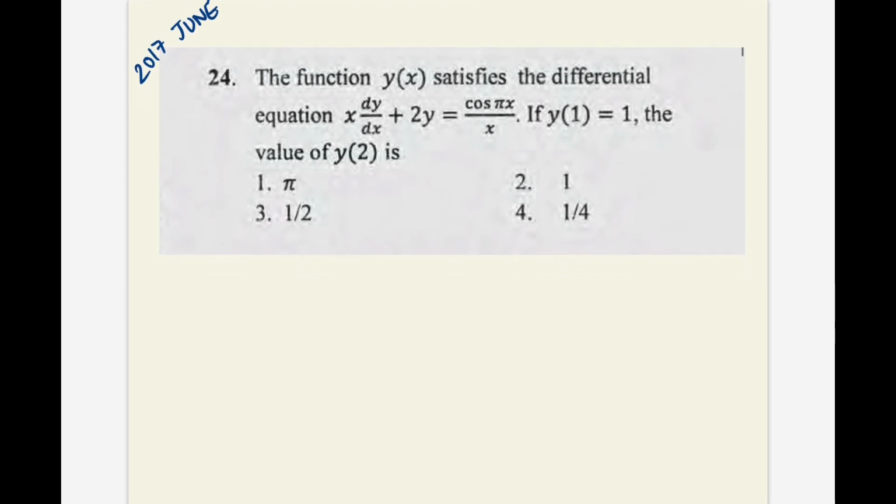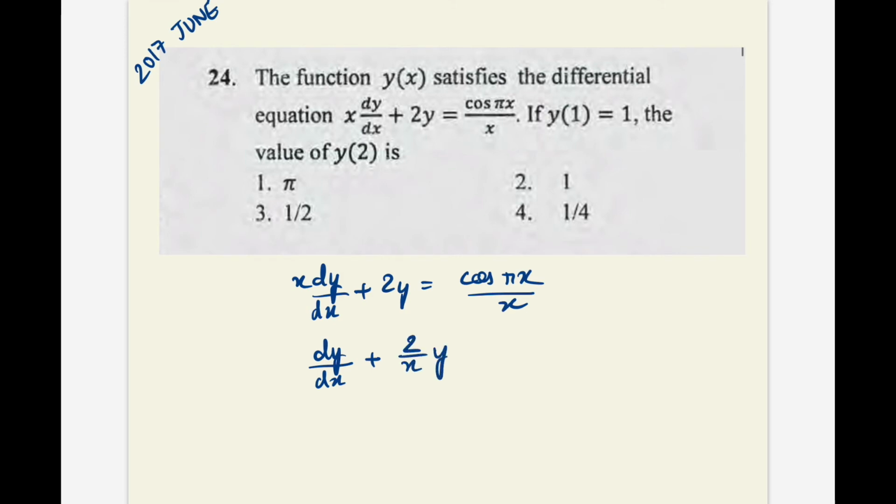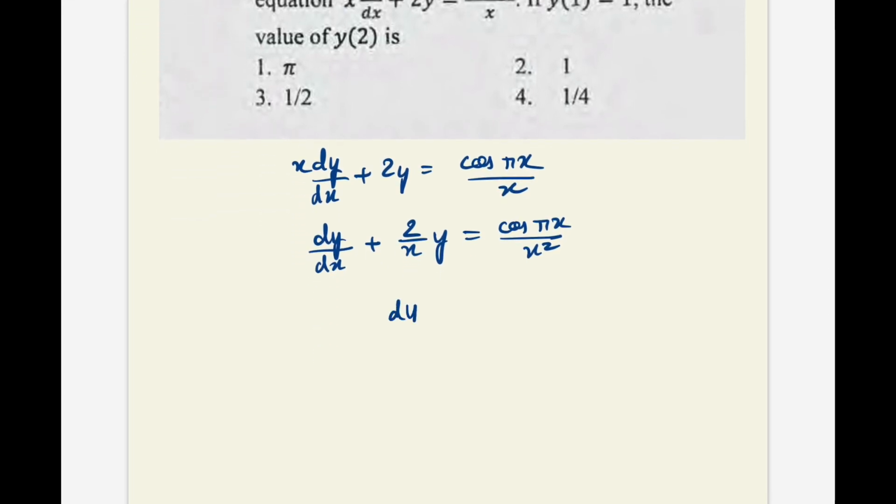Now this equation is again of a similar pattern to the first question. x dy by dx plus 2y equals cos(pi x) by x. Dividing by x, dy by dx plus (2 by x) y equals cos(pi x) by x square. Again it is of the form dy by dx plus py equals q.